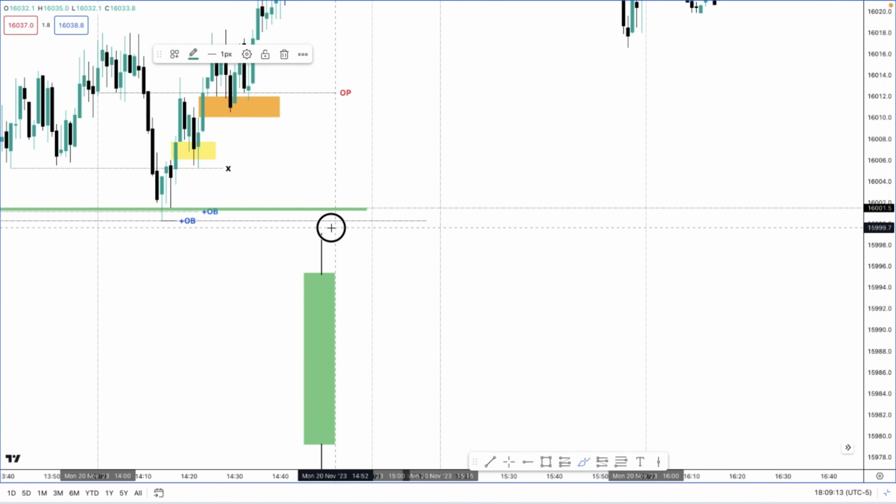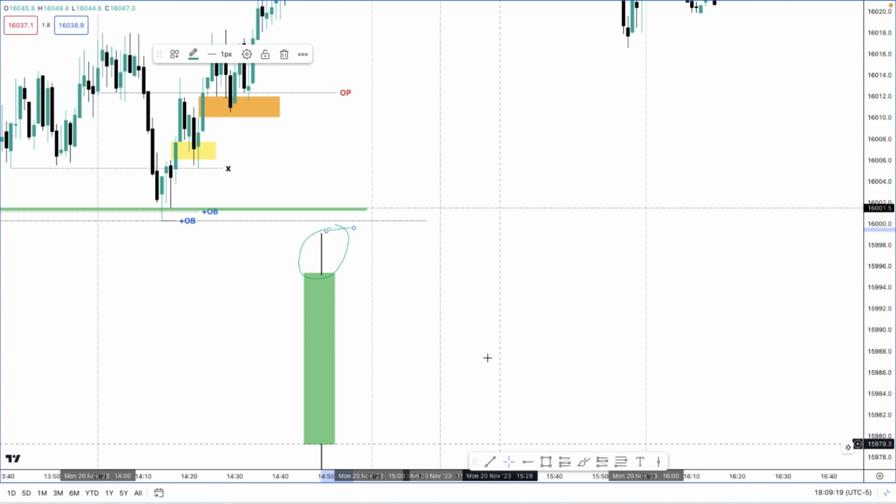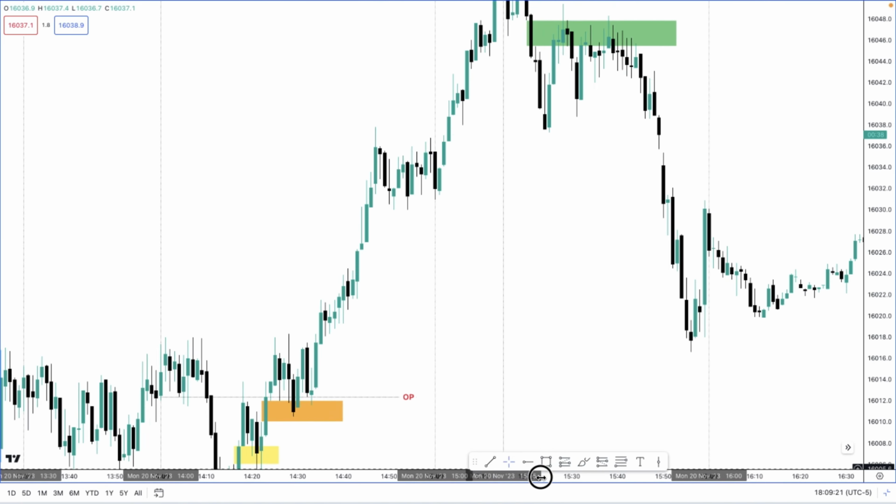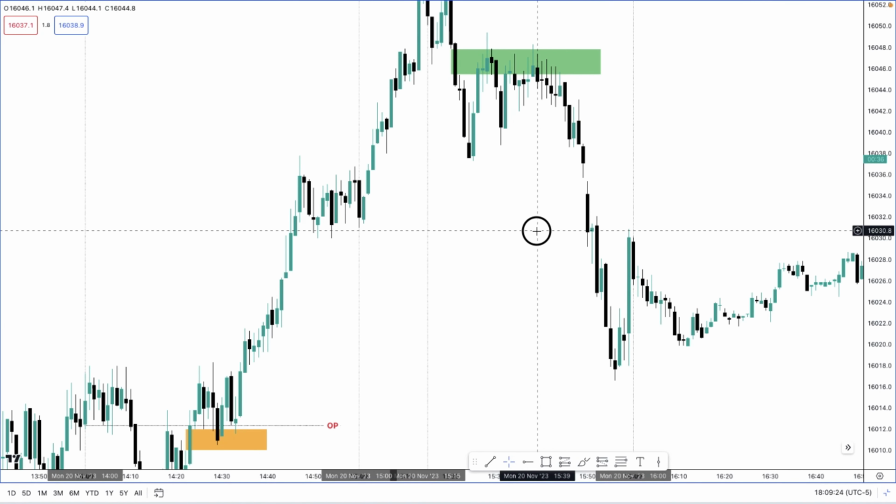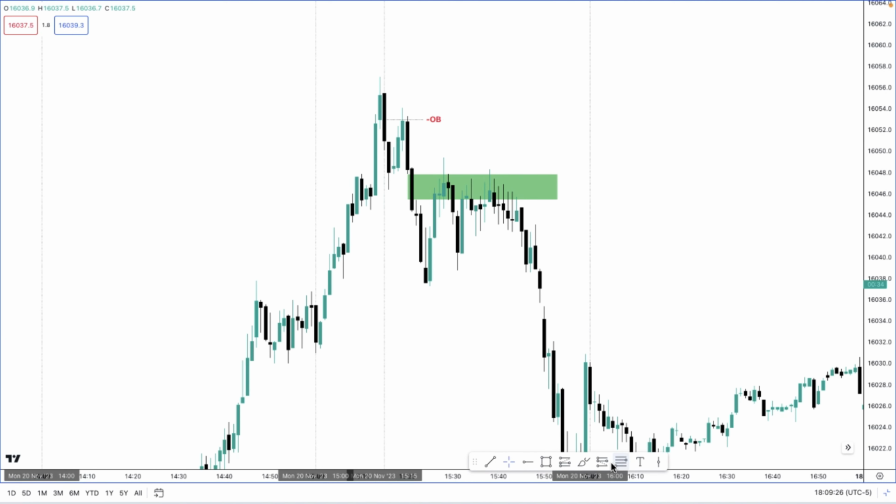This forming of the high of the day and then retracing back into the close, what time do you think that is happening? You probably want to think incorrect things, so I'm going to show you. It's happening at 15:15. It forms the high of the day at 15:14.